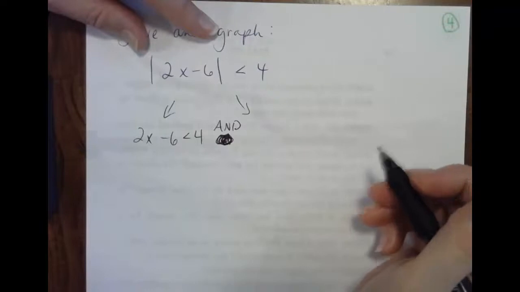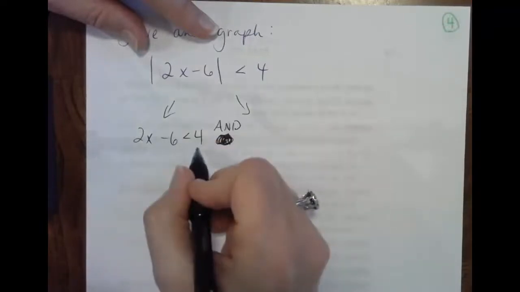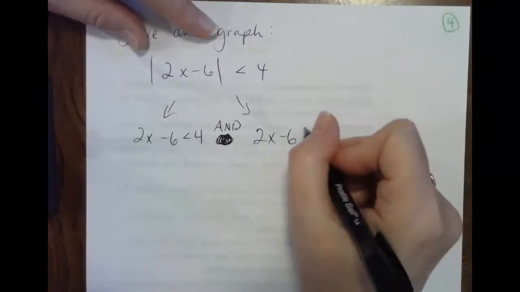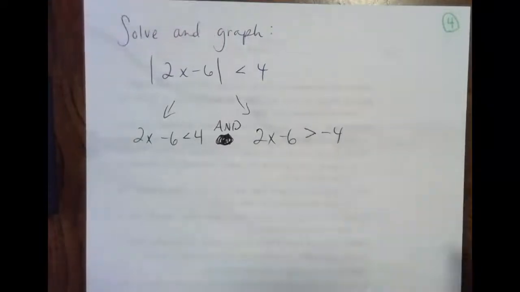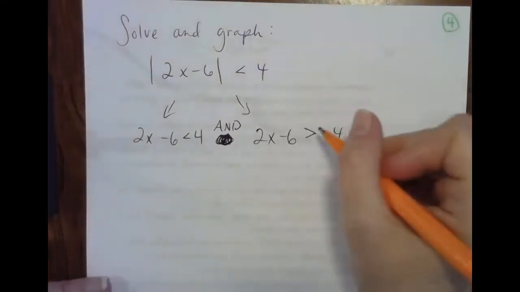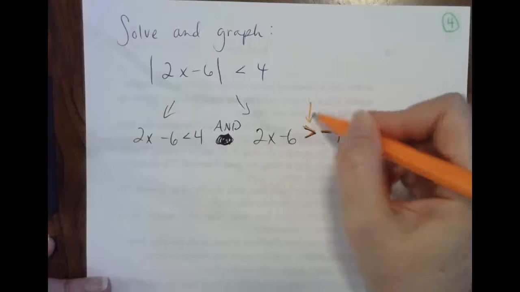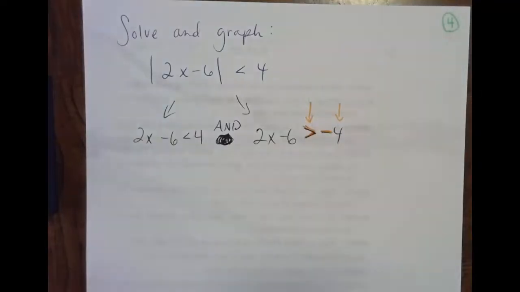This is an and situation. 2x minus 6 is less than 4, and 2x minus 6 is greater than negative 4. Remember, this is the negation, so we will flip the sign and change the sign of the entire right side.